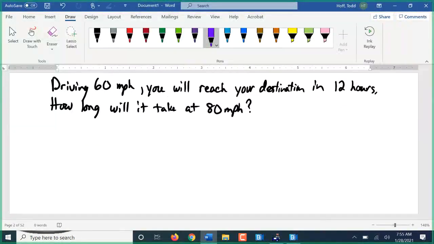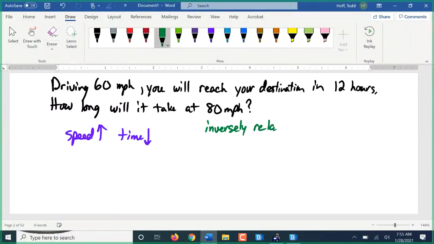This is an inverse situation. The faster you're driving, the more speed you have, the less time it should take to get there. So these are inversely related. It's an inverse relationship. So we're going to look at a constant product again.